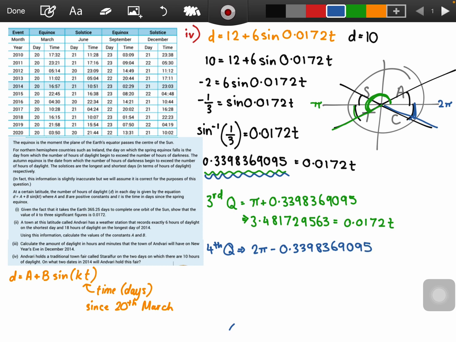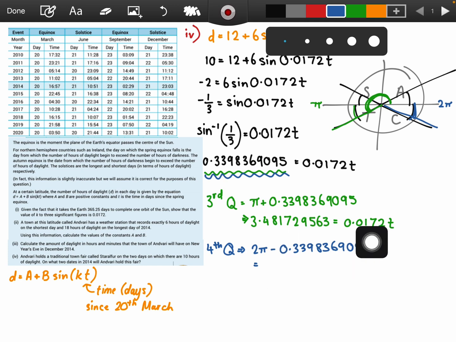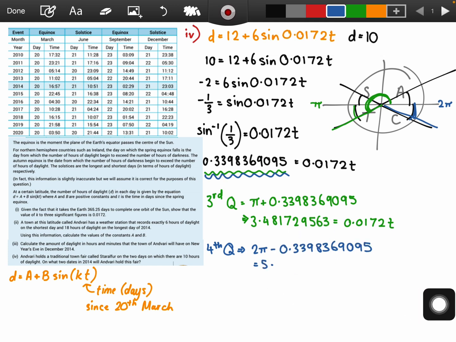Even if I actually wrote that out slightly wrong, that's okay because I have the proper number stored into my calculator. Obviously, it's nicer if you don't write it out wrong, but still. So 2 pi minus A, or whatever letter you stored that as. Okay, and we're going to get 5.944398.